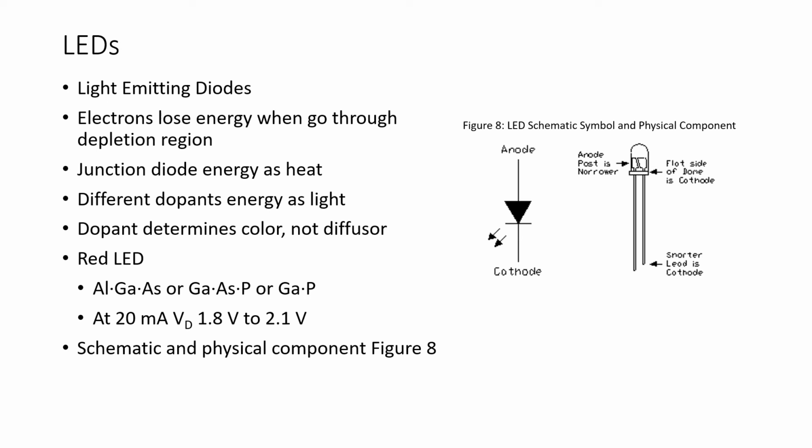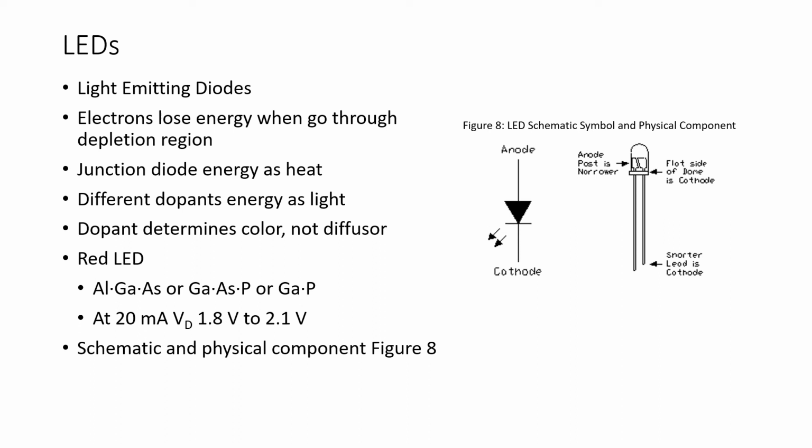For example, with a red LED, the dopants are aluminum, gallium, or arsenic. We can construct a red LED with gallium, arsenic, and phosphorus, or we can use gallium and phosphorus only.